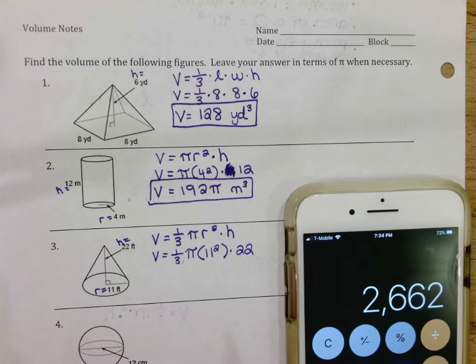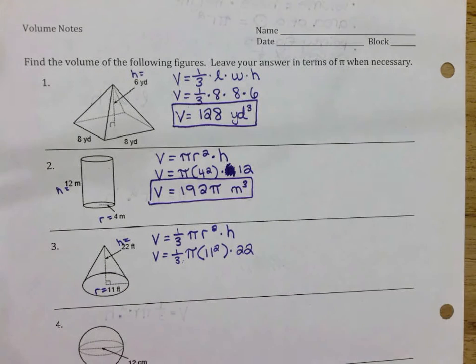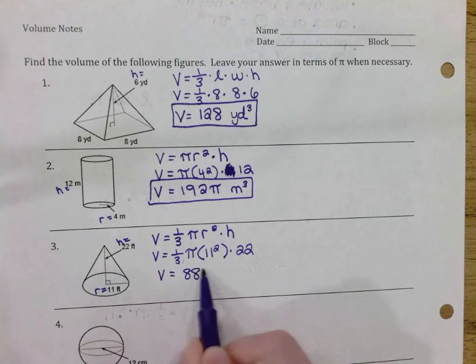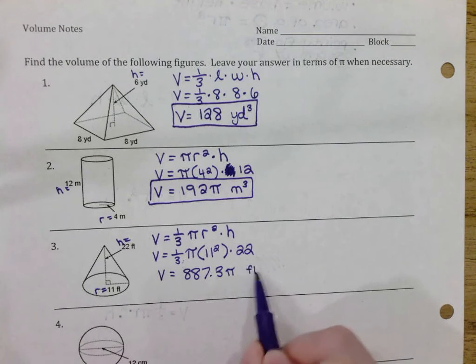Okay, so now I'm going to take that value and divide by 3 because multiplying by 1/3 is the same thing as dividing by 3. And that gives us this decimal 887.3 repeating. I'm just going to go to the nearest tenth, so 887.3. And then now we will reattach pi. And then I'm going to do feet cubed.